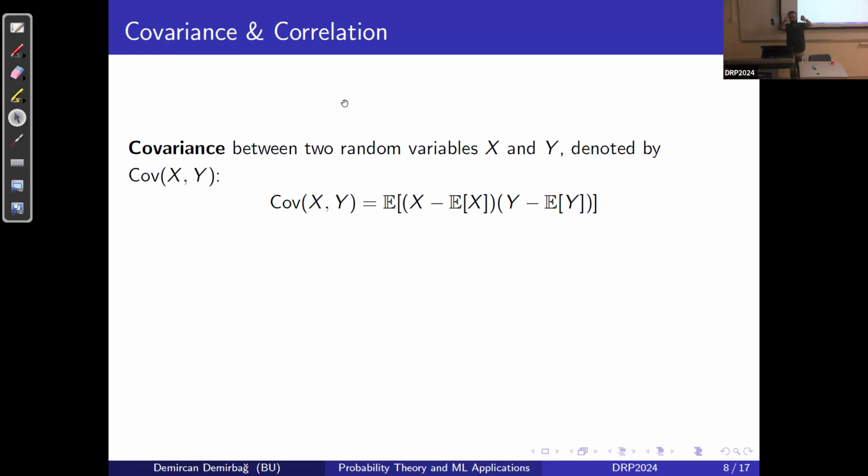If both fall below their means, you again sum positive. So at the end of the day, if you calculate covariance to be positive, you say that they tend to exceed or fall below their means together. They act together. And vice versa. If one exceeds and one falls below, then you get a negative covariance. And if the covariance is 0, we say that x and y are uncorrelated.